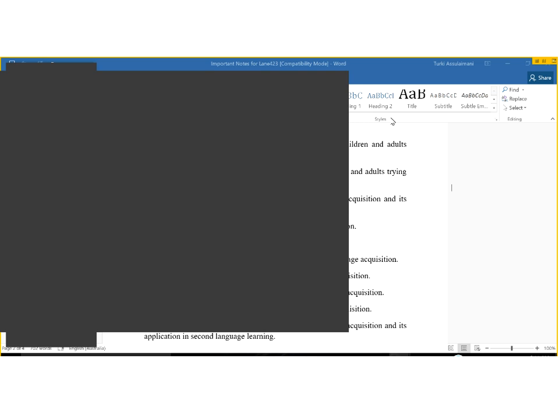So line 3, Nelson Brooks and Robert Lado were two linguists who tried to apply the behaviorist perspective, or behaviorism theory, in second language learning. They applied it using the audio-lingual teaching approach. In line 5, you see audio-lingual. What do we mean by audio-lingual? Look at the next sentence.